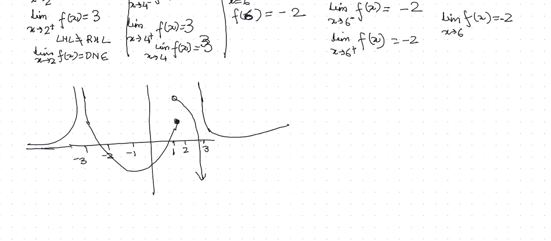So here we can see limit at x tends to -3 of this function is positive infinity. It is approaching a value of infinity to the left side of -3.